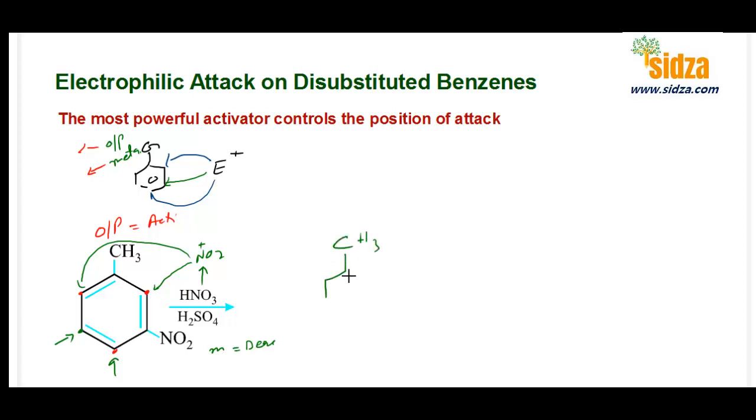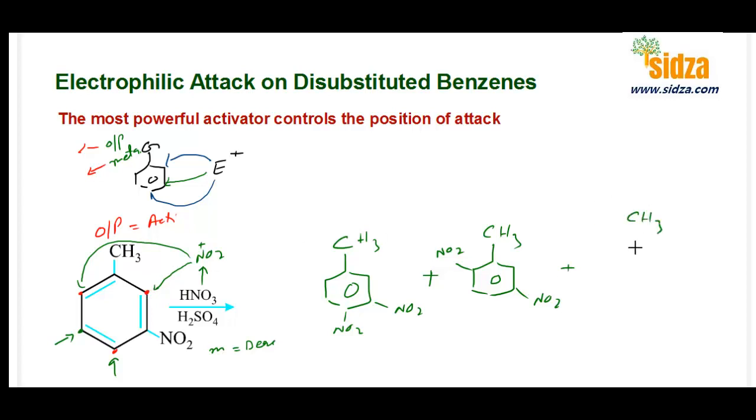So one product will be like this, with the nitro here. In another case, the NO2 will attack over here, so you will have an NO2 here. Another case is where it attacks this position.